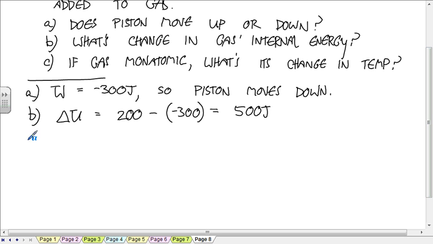And then the last one, a monatomic gas. The only reason that that's ever given is so that you know that this is true.